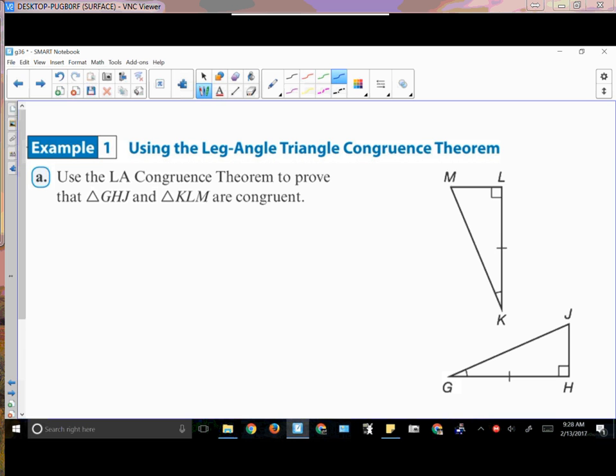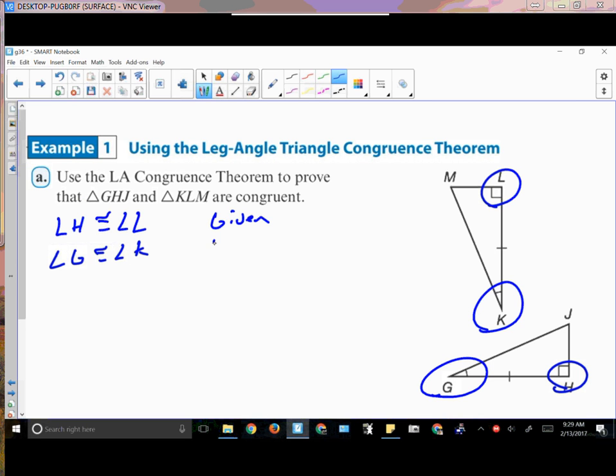So if I look at this, and I see what it is that I have, we know that angle H is going to be congruent to angle L. Okay? We've got that to begin with. Given. Then we have angle G is congruent to angle K. Again, these were given.